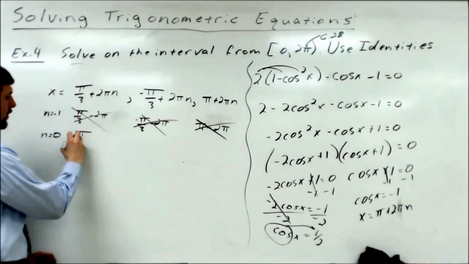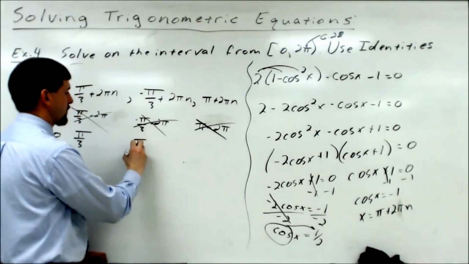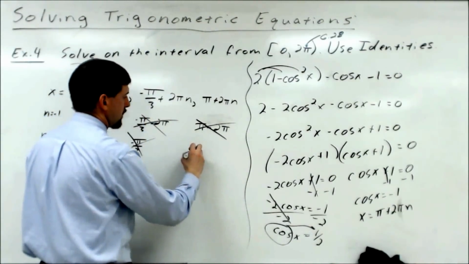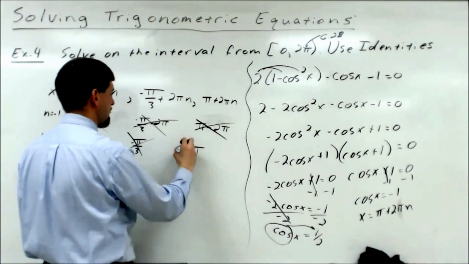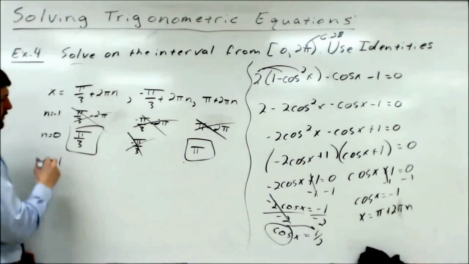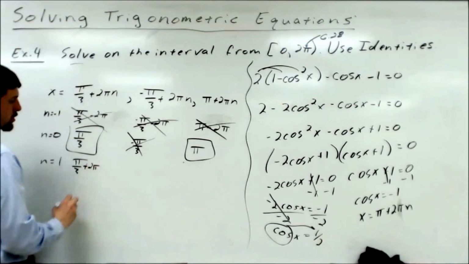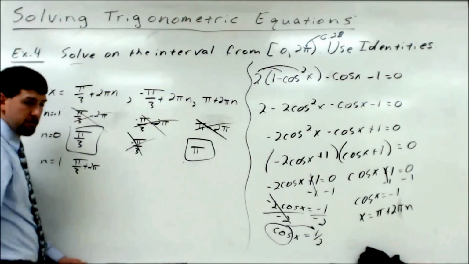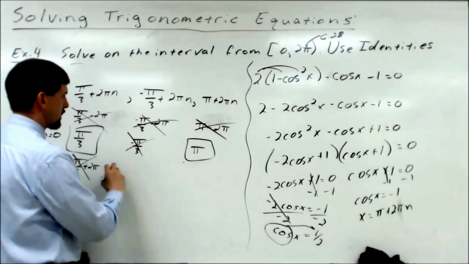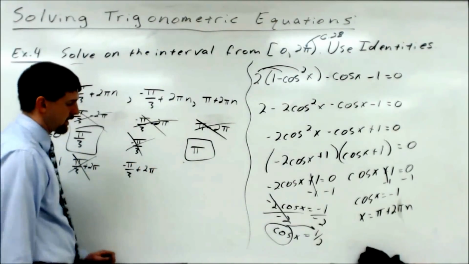So we don't need to try any more negative n. Try 0, pi over 3, 1.05 works. Negative pi over 3, negative number, won't work. Pi plus 0, pi, it works. Try n equals 1. Pi over 3 plus 2 pi, it's already bigger than 2 pi, so it won't work. Negative pi over 3 plus 2 pi.